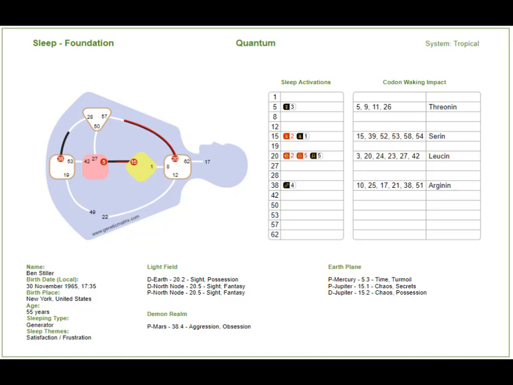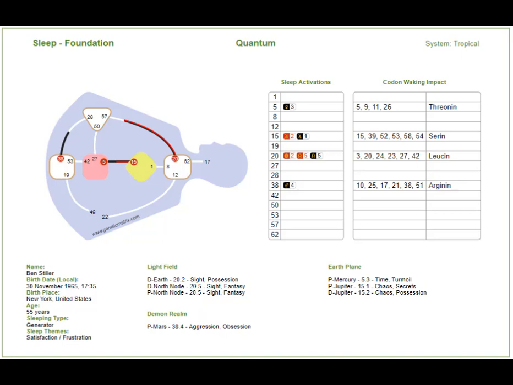So the sleeping activations belong to one of 3 particular domains, and these are called the light field, the earth plane and the demon realm. And again, I will be covering what they actually mean in another sleeping video. We're staying here on the basics of the introduction for now.